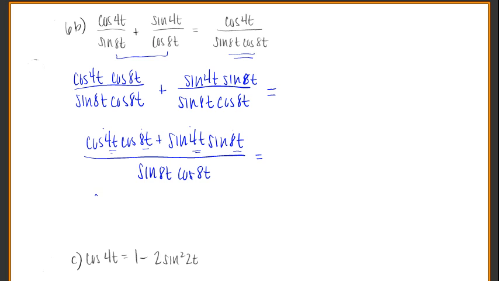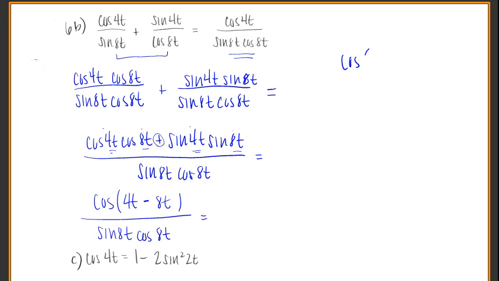Alright, so the formula says it's the cosine of my first angle and my second angle. Since it's a plus sign here, it's actually going to be minus sign here, over sine of 8t times cosine of 8t. Well, 4t minus 8t is the cosine of negative 4t over sine of 8t cosine of 8t.